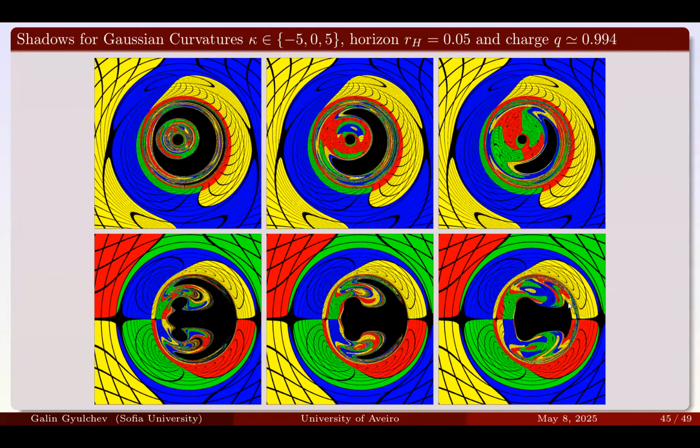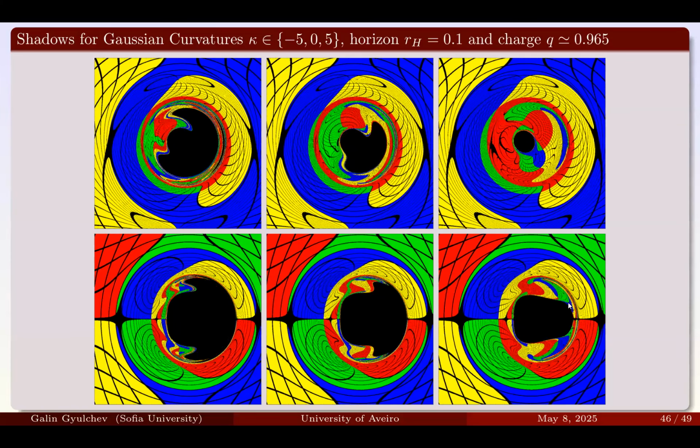So, for example, if this left column here is negative Gaussian curvature, and this right one is positive, so here is for zero Gaussian curvature, and we can see that if here the inclination is around 20 degrees, which is the saturation of the inclination of the galaxy M87 with respect to us, probably we can observe such kind of shadows when we change the curvature left to right. But when the observer is at 90 degree inclination, it becomes more effective. The most famous one.